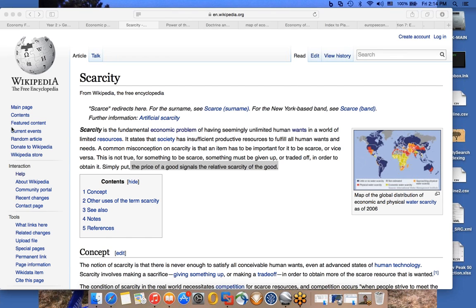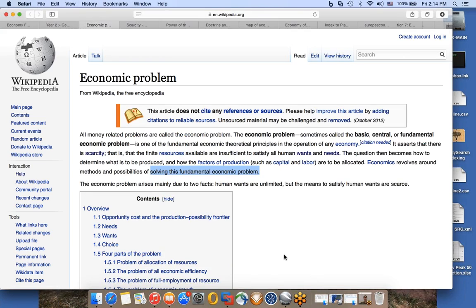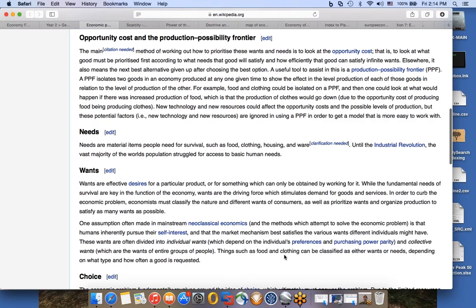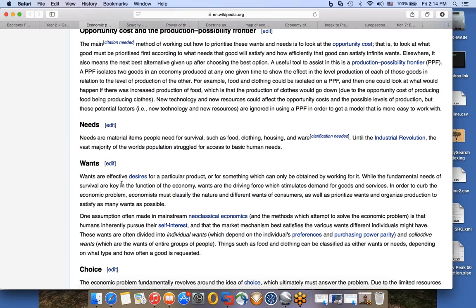All right. So now let's talk about the difference between wants and needs. Let me go back here to the economic problem article. And here there are some definitions about that. It says needs are material items people need for survival, such as food, clothing, housing, wear. I don't know what wear means. I think that needs to be clarified.